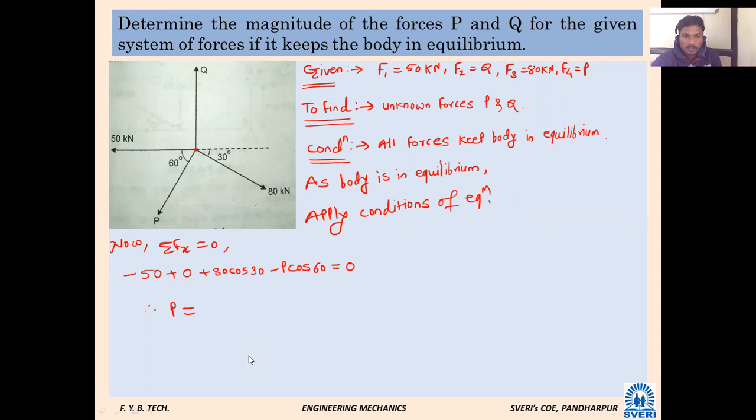What is the value of P? 38.56. Very good. 38.56 kilonewton.